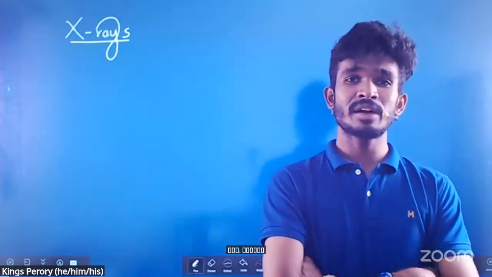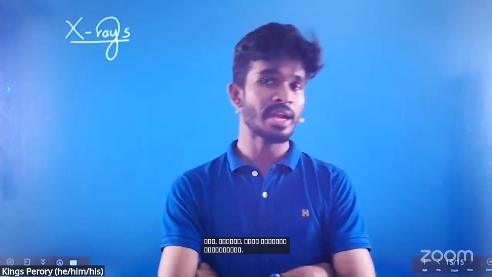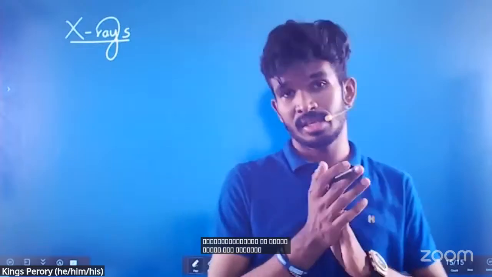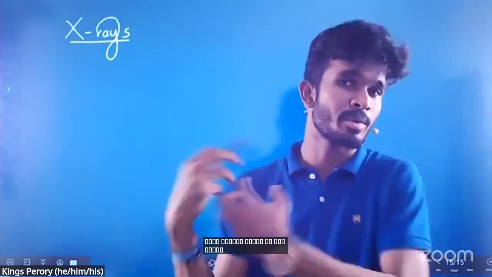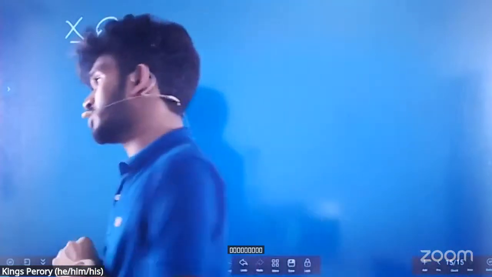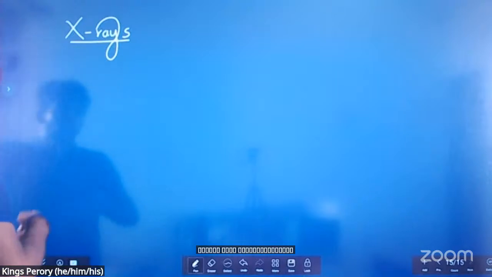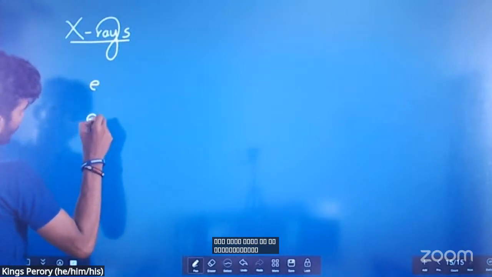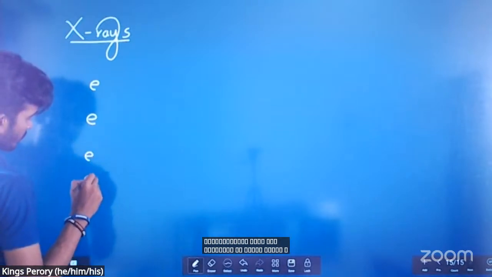During the discovery of atomic structure and subatomic particles, different scientists did different experiments to learn about subatomic particles and how they behave, about electron, about proton, about neutron. During such an experiment, they took electrons.